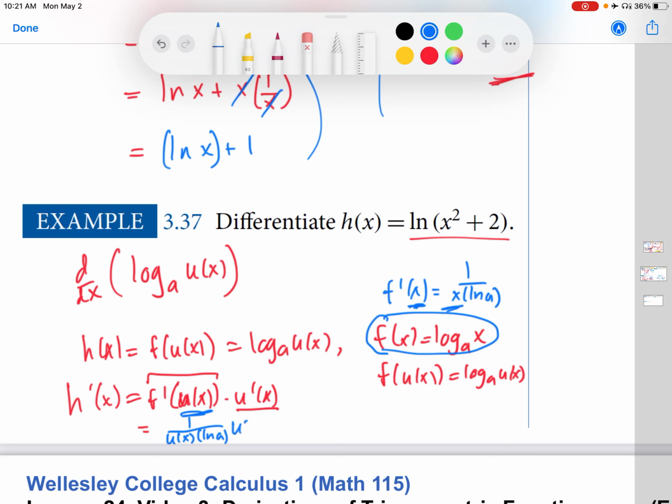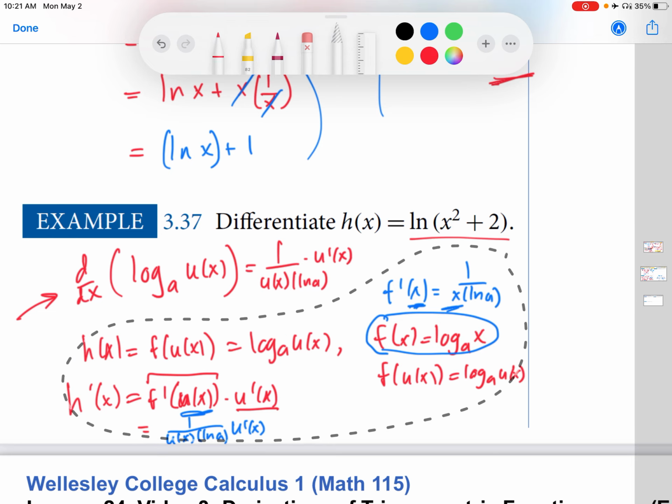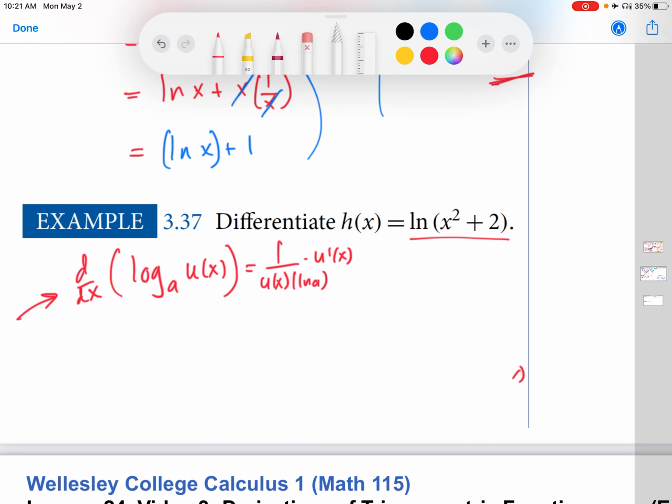And that is my rule. So the derivative of log base a of u of x is 1 over u of x times ln of a times u prime of x. So that's my rule. We have derived the version of the rule for differentiating logarithms that includes an argument for the logarithm that is more general, not just u of x equals x.